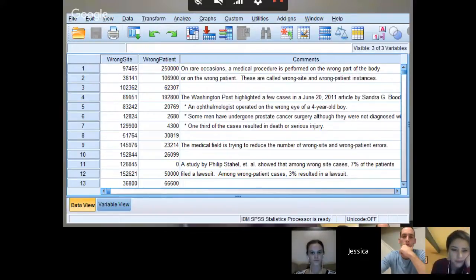Okay. Find the mean amount hospitals have to pay for wrong site lawsuits.